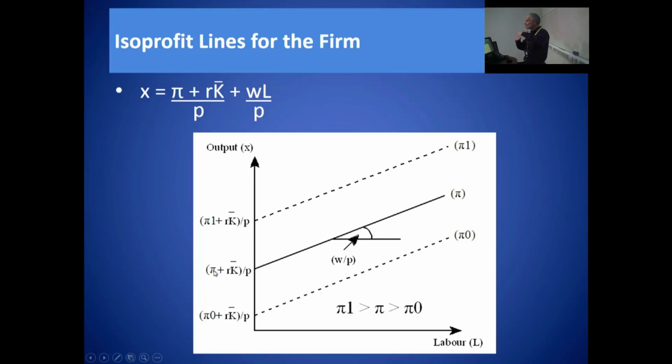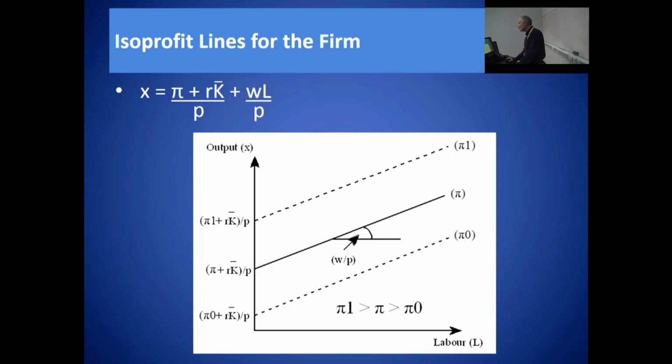And so if profits increased, that vertical intercept would increase. So, for example, if profits went up from pi to pi 1, that vertical intercept would also increase. And hence, this higher iso-profit line here is associated with a higher level of profits.